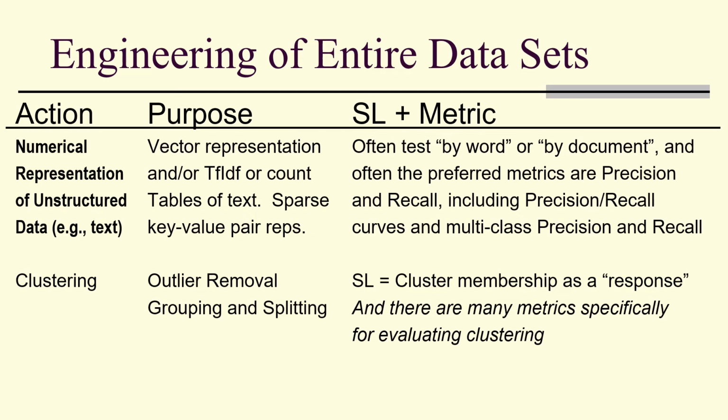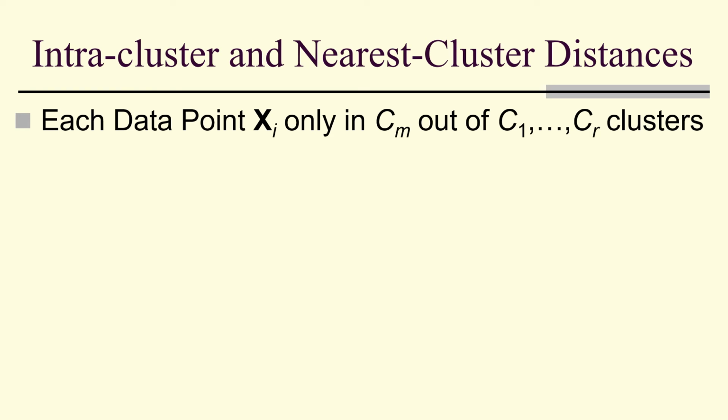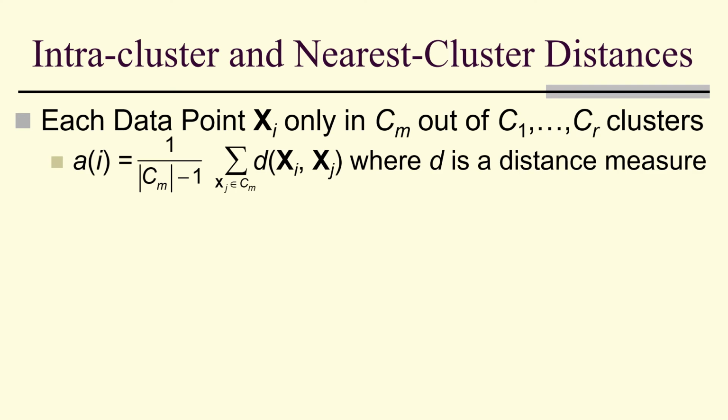What about clustering? There you want to do clustering because you may want to remove outliers or group or split the data maybe into smaller problems. So you can use cluster membership as a response in supervised learning algorithms, and there are many metrics specifically for clustering. For example, let's look at intra-cluster and nearest cluster distances. Each data point is in only one cluster. We'll call that C sub m for x sub i.